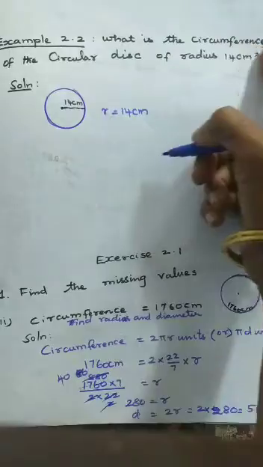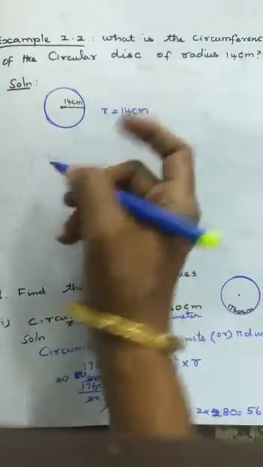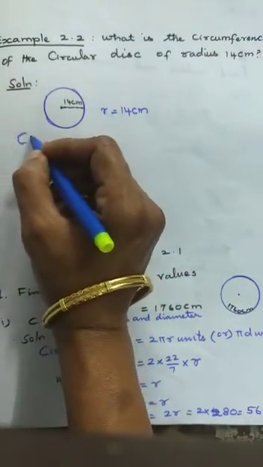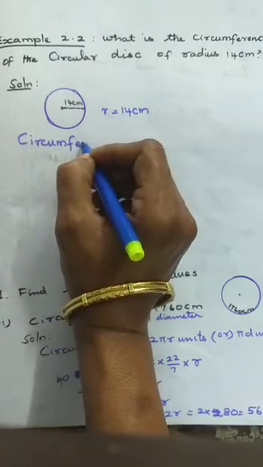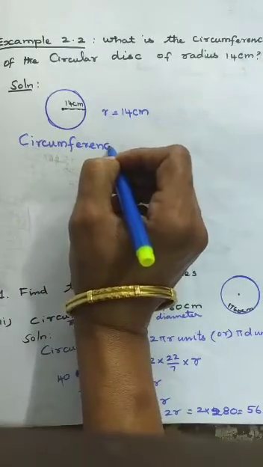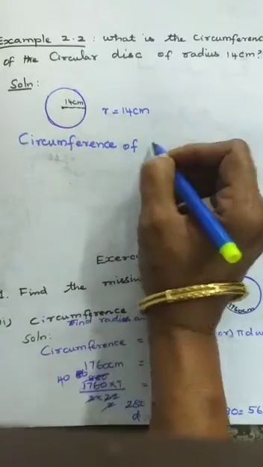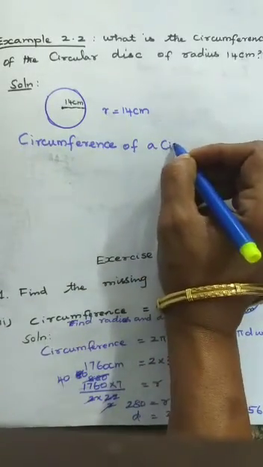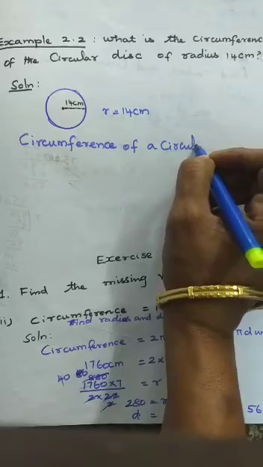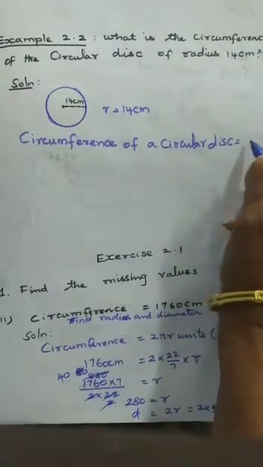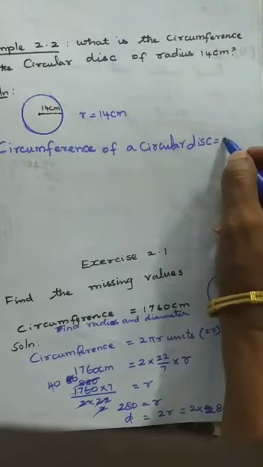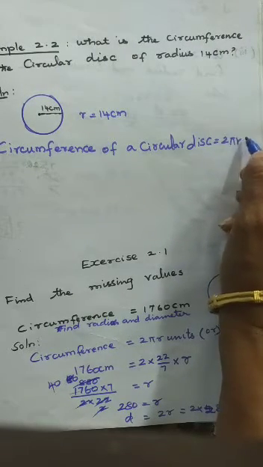You have to find the circumference of the circular disc. So circumference of the circular disc is equal to 2 pi r units.